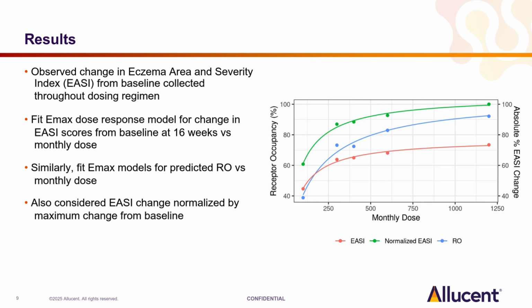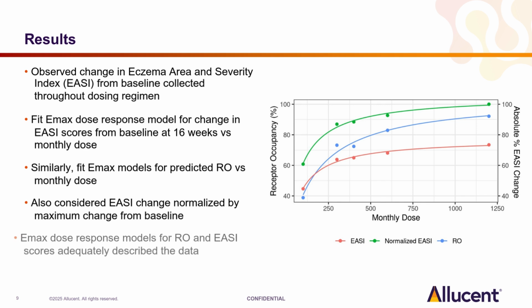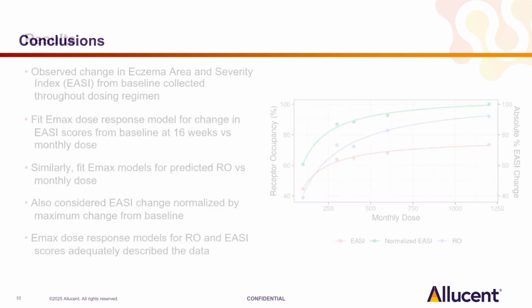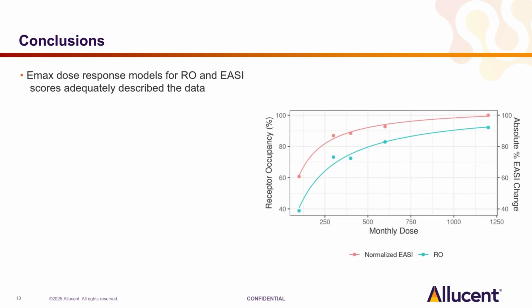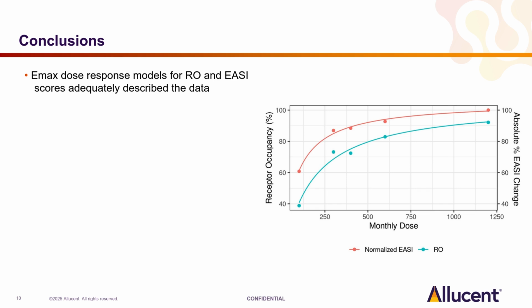And so in that green line, we say that that's 100% improvement relative to baseline. And so the Emax dose response models for receptor occupancy and these eczema scores adequately describe the data. And we see that we're having a nice trend. And so we decided to just focus on the curve of the normalized eczema scores versus receptor occupancy.